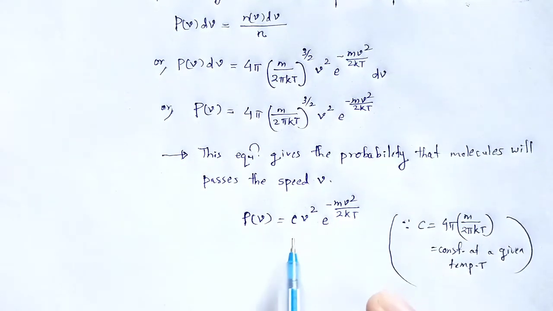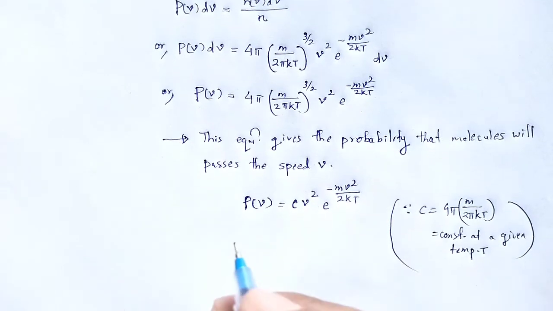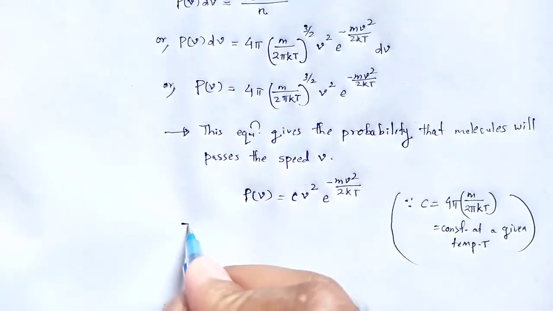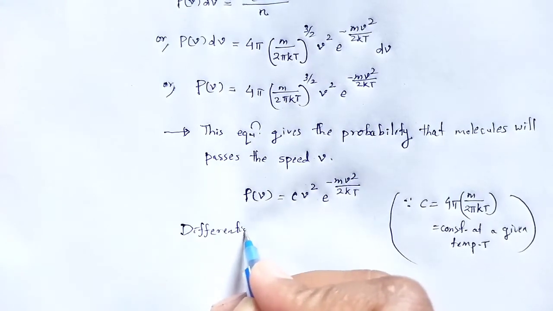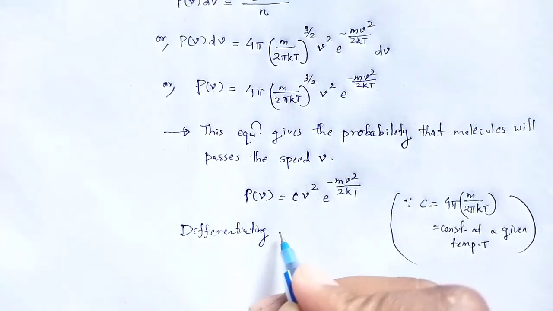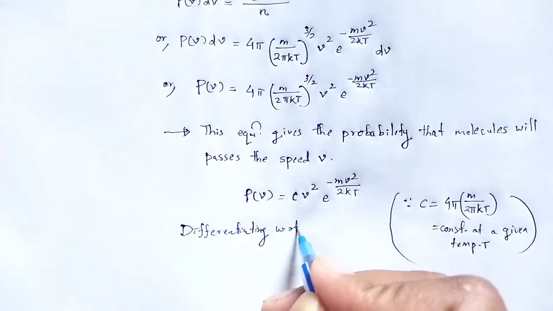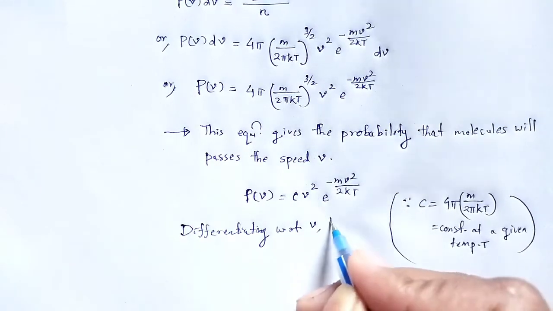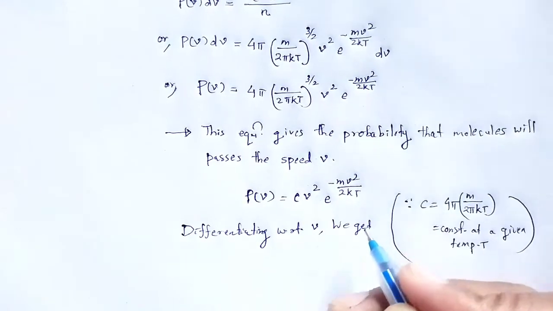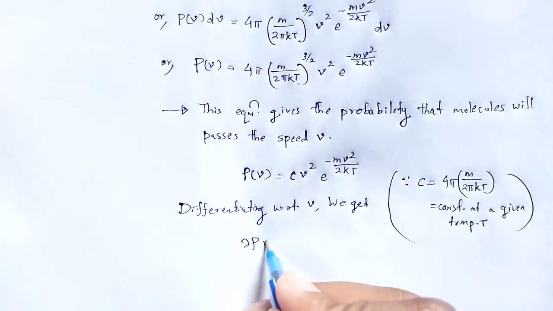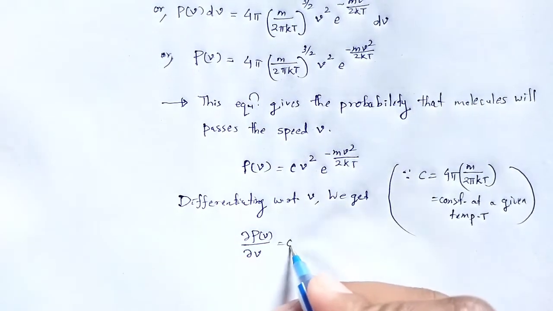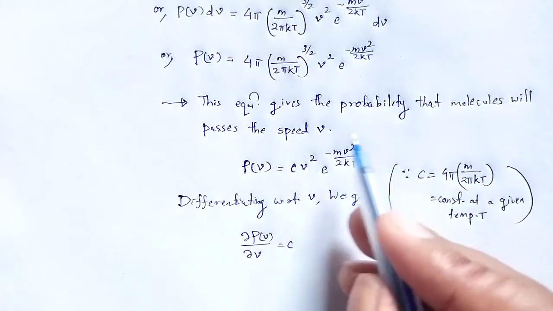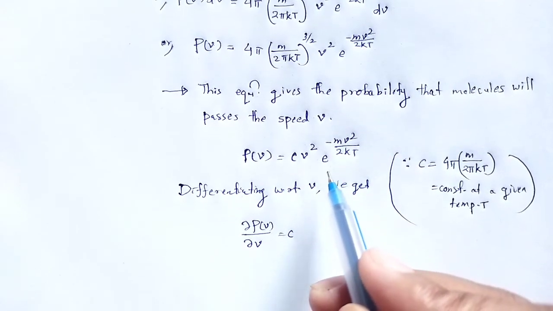Now differentiating that equation with respect to v, what do we have? Differentiating with respect to v, we get del P by del v, with C as a constant outside.